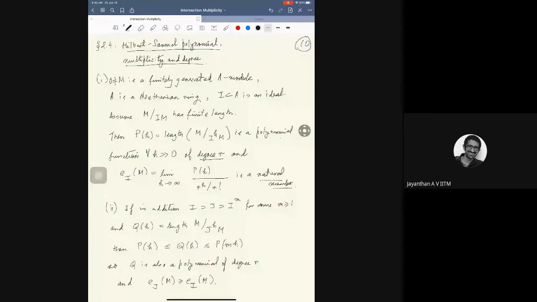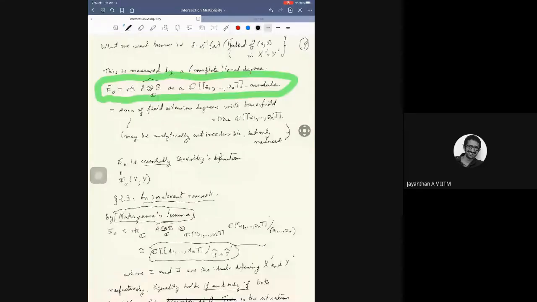Okay. So this E0, what I've called E0, this is the intersection multiplicity of x and y at 0. It's essentially Chevalley's definition.